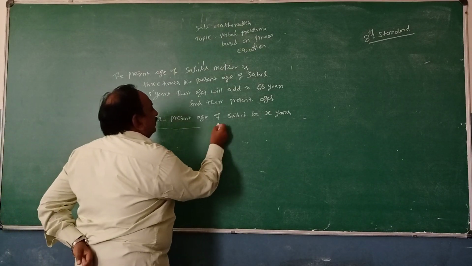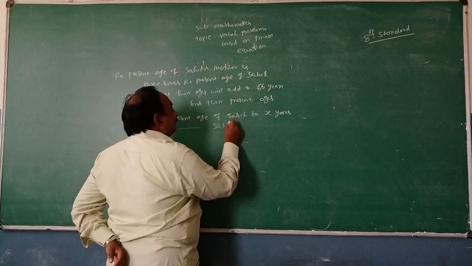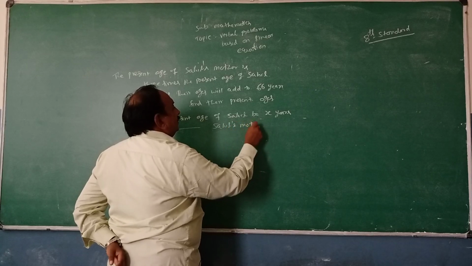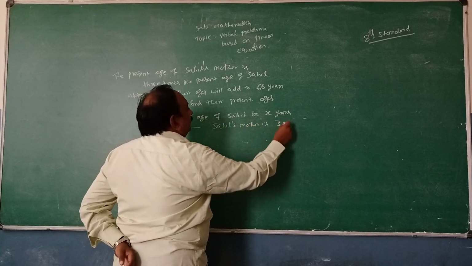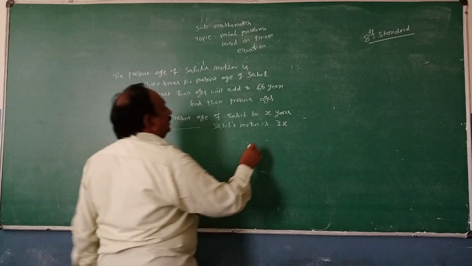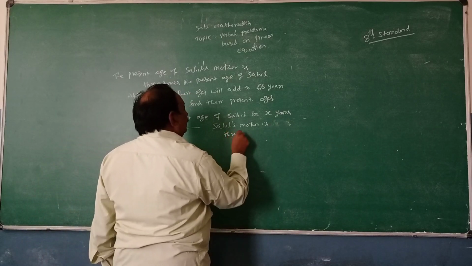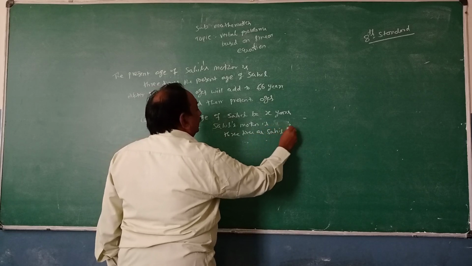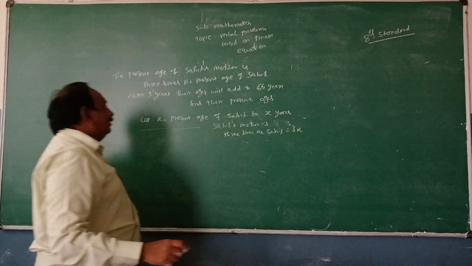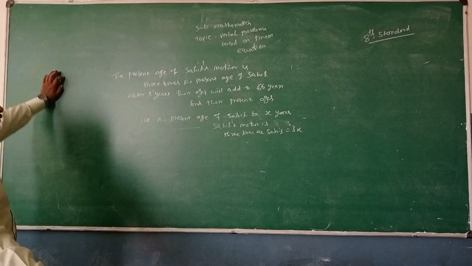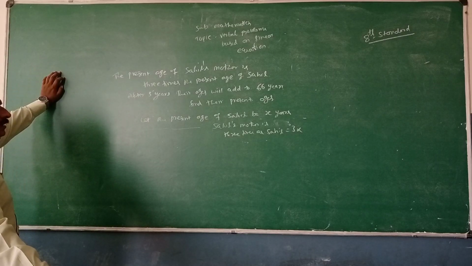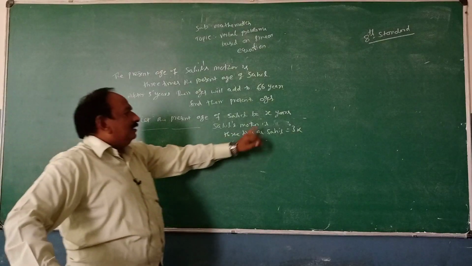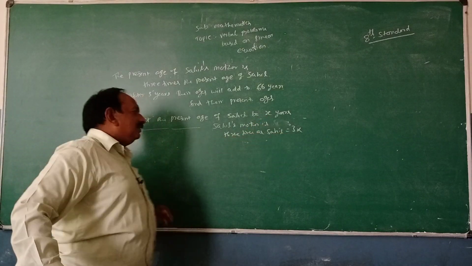The present age of Sahil's mother is 3x. Sahil's mother is 3 times as old as Sahil, that is 3x.